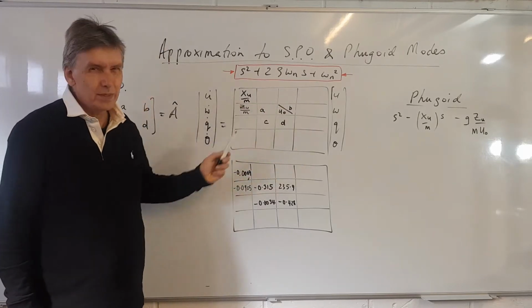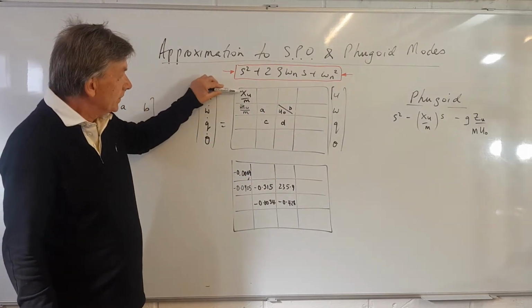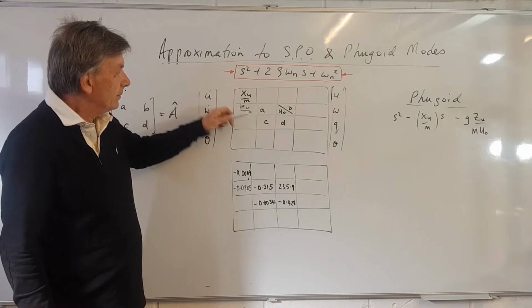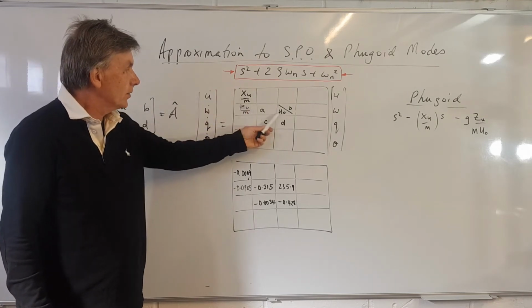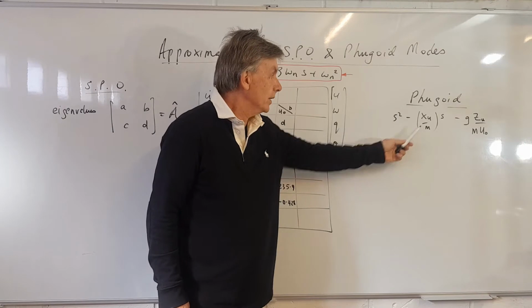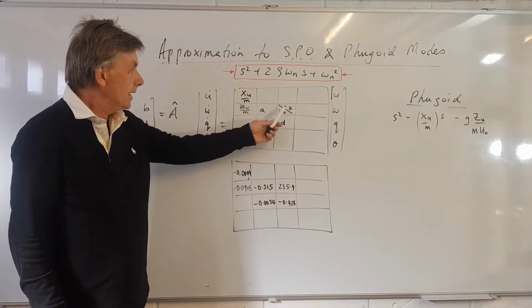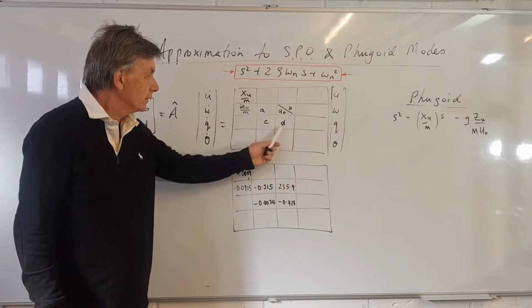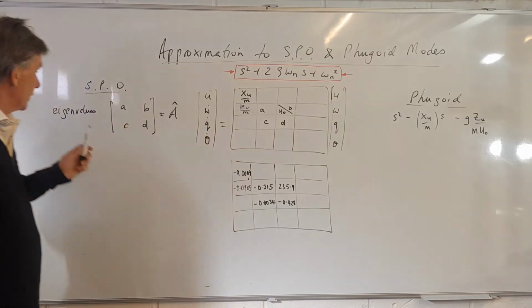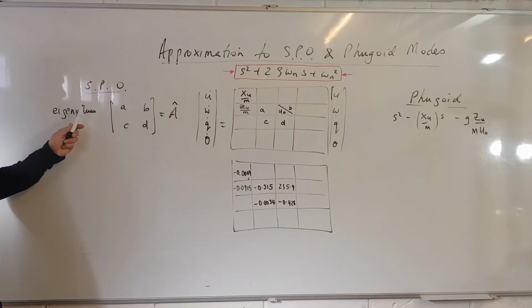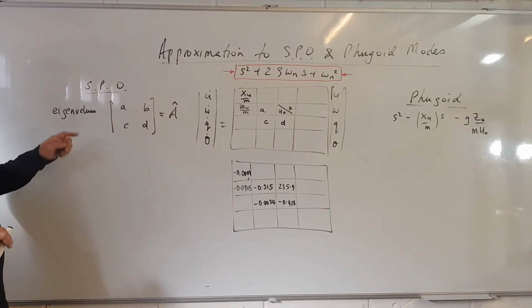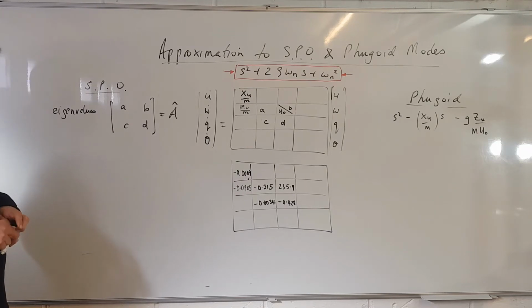Not all the numbers in the matrix are important. This is XU over M, ZU over M, and U0, and those three are important for getting the Phugoid mode. If we call the middle four A, B, C, and D, those are useful for extracting the SPO mode. So let's start by looking at the SPO mode.